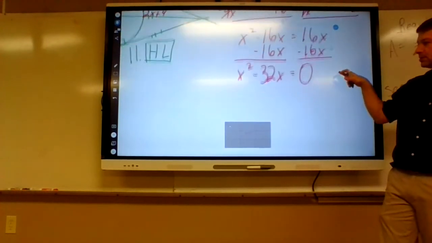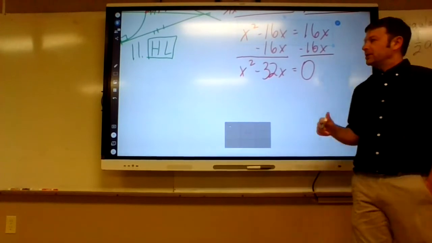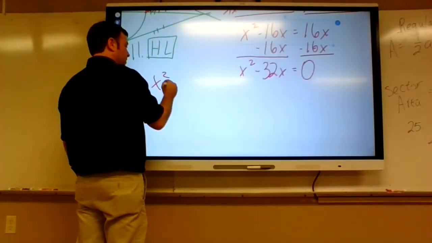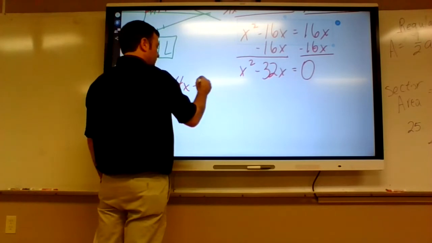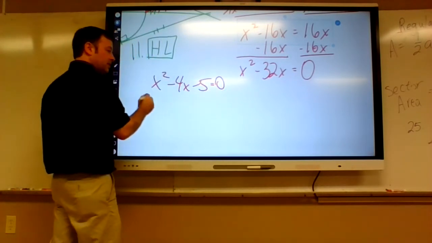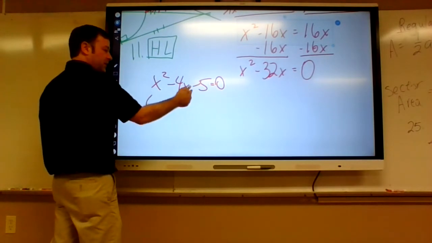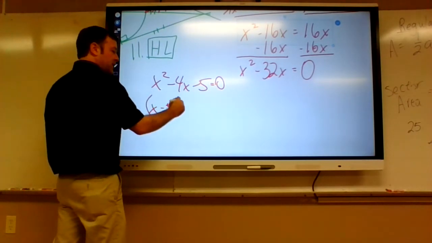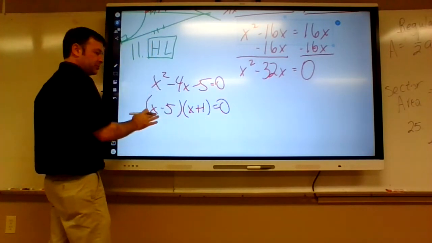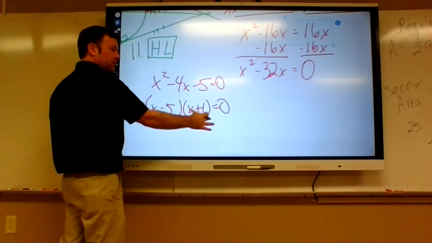Okay, I mentioned this earlier. I'm not sure if you guys heard me or were following, but you remember doing a problem like this a couple days ago? Yeah. And it was like, what goes into negative 5 that can add up to negative 4? And then we said what x values make this 0.